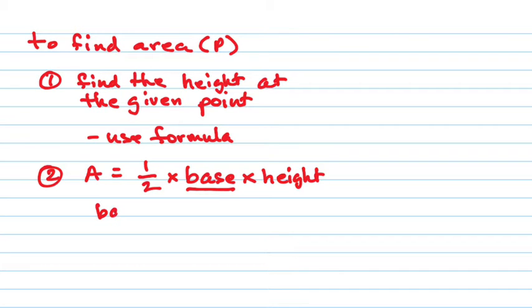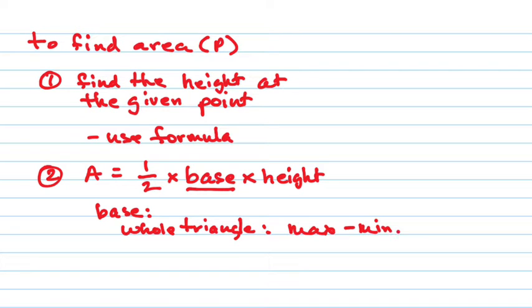The base is easy. So for the whole triangle, the base is simply the maximum minus the minimum. Right? One end minus the other end. So you can find the base there easily.